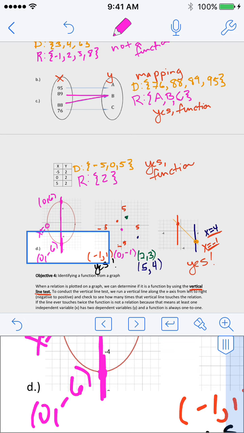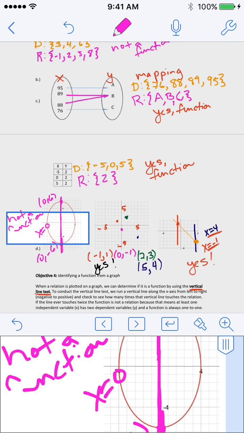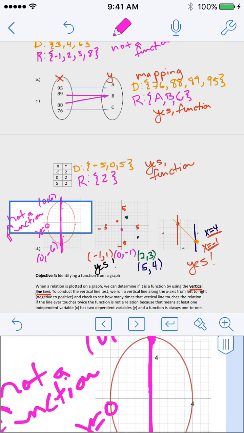We have one x, 0, going two different places, 6 and -6, and that's an issue. That's not a function. This fails the vertical line test, so this is not a function.